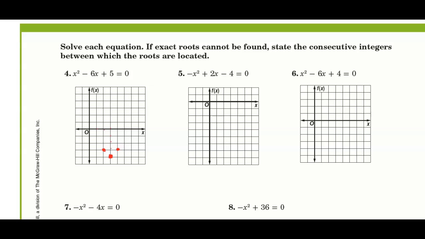And then we had our next points at 4, negative 3. And then we had a point at 5, 0. Which meant we also had a point at 1, 0. And then we had a point at 6, 5, sorry, can't add. And 0, 5.